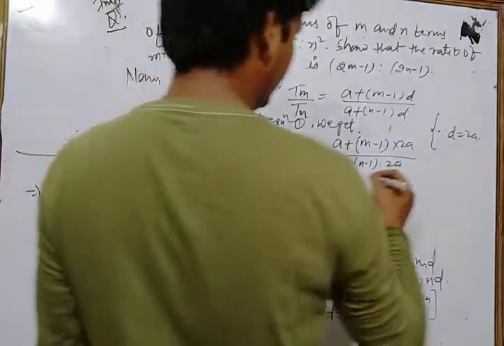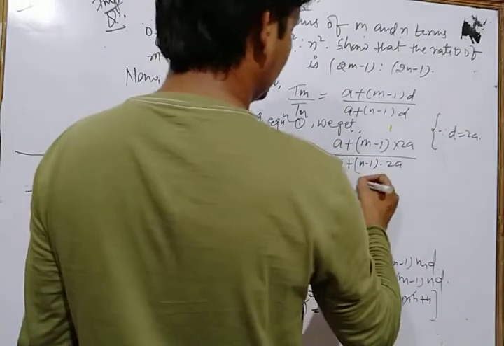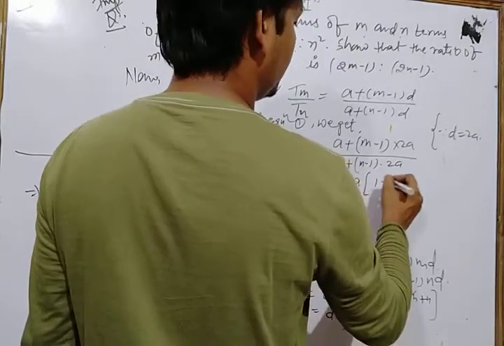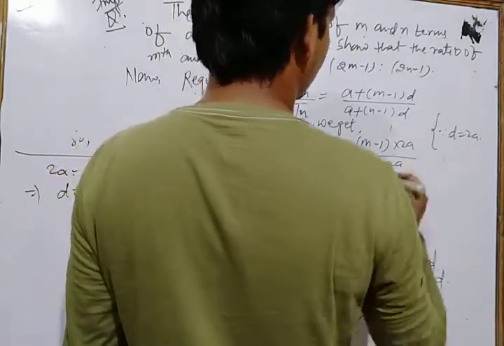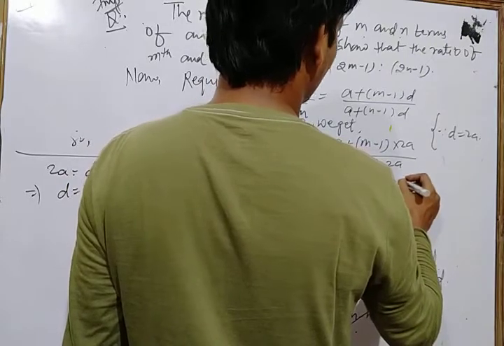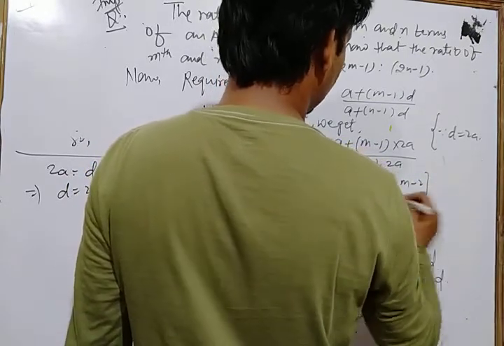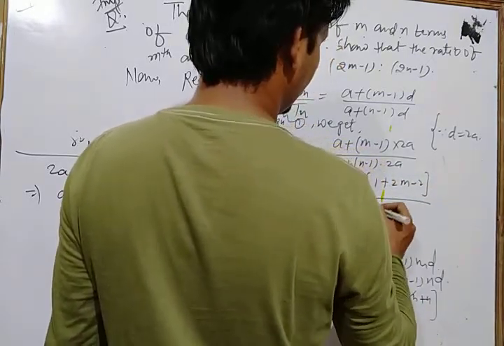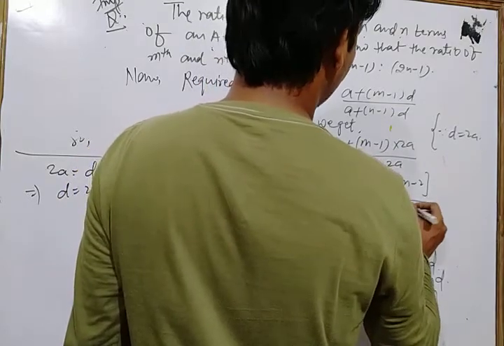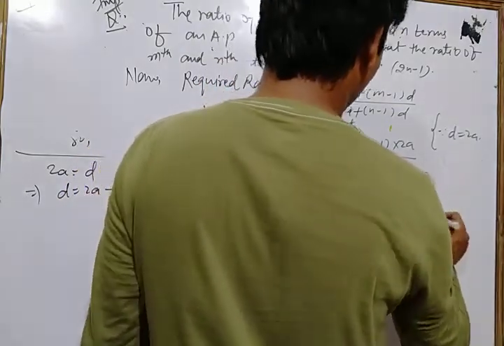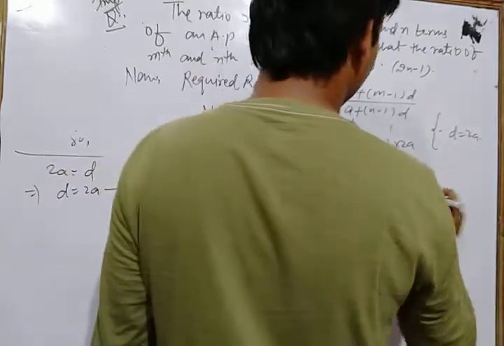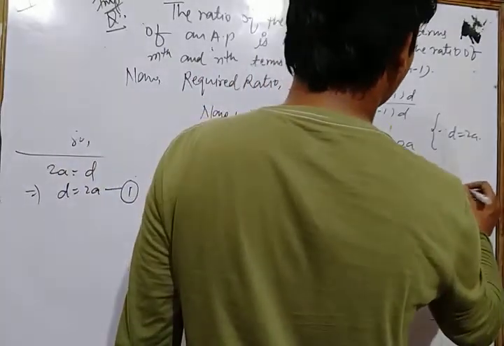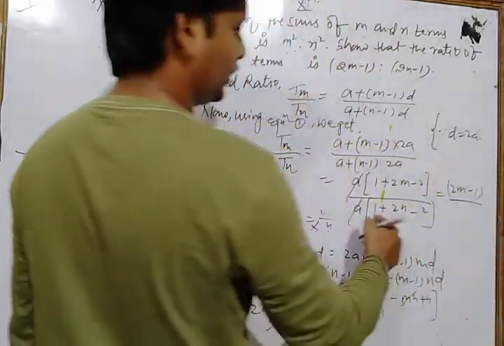Now dear students, a is common. When a is common, we get 1 plus, multiplying 2 in that, 2m minus 2. Same in the denominator, we take a common, so here 1 plus 2n minus 2. So a cancels, and we get 2m minus 1 upon 2n minus 1.